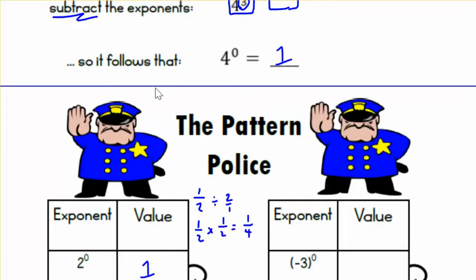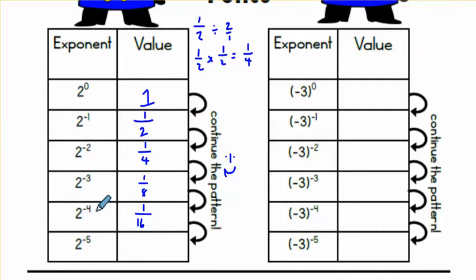And now we have 2 to the negative 4th power, and it's not negative 16. It's actually 1/16. So doesn't it look to you that every time, that power is going to the bottom of a fraction? So it would follow that 2 to the 5th power is 32.